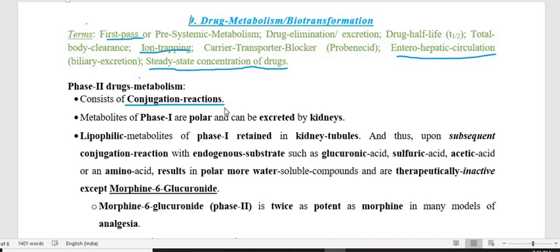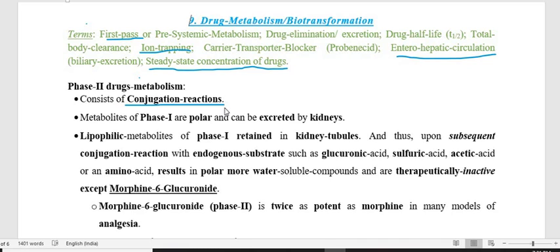As we know, the main purpose of drug metabolism is to convert a drug into an ionic compound or water soluble compound, so that it can be excreted through the excretory route very easily.